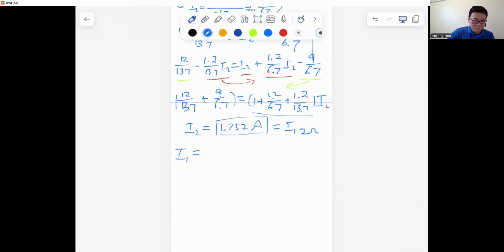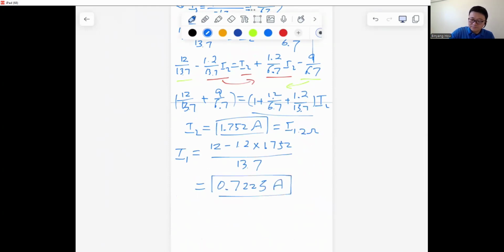I1 will be equal to 12 minus 1.2 times I2, that's 1.752 amps, divided by 13.7, so I1 is 0.7225 amps.